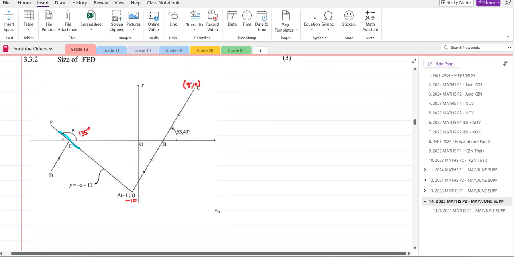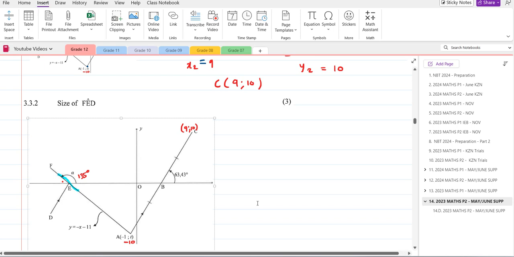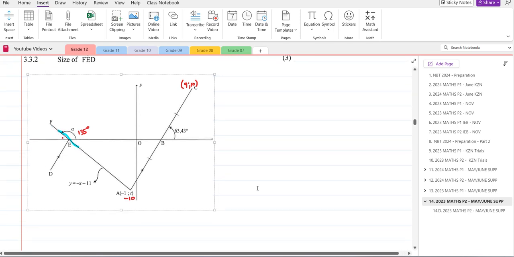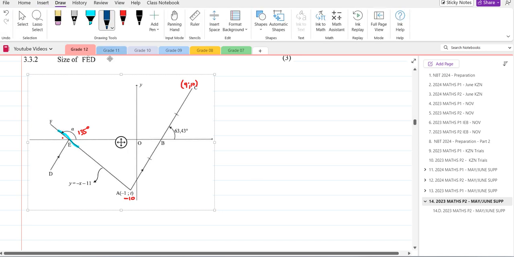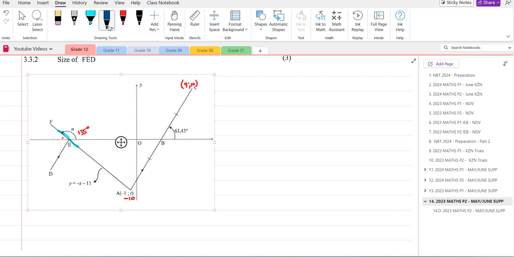So how are we going to find the size of angle FED? FED is this entire angle. So let's try to find the angle of inclination of this line now. I'm just intersecting this, just going upwards here.